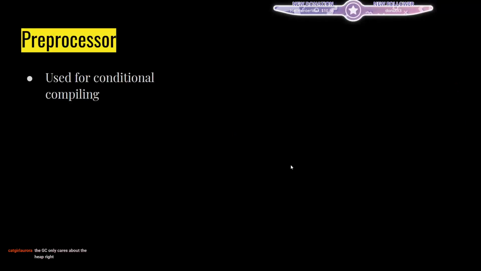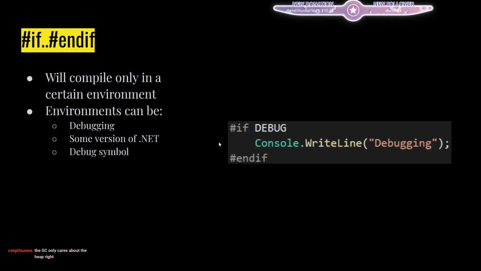So next is preprocessor directives. It's quite simple. Preprocessor directives are used for conditional compiling. It literally means that if I add a directive like this, and it always starts with a hashtag, it will only be done if a certain condition is met. In this case, if the environment is debug, it will print this line in the console.